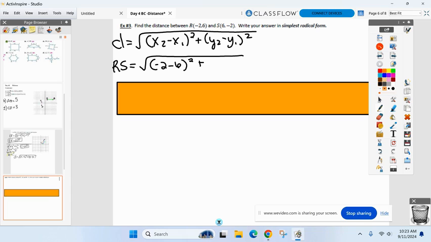Scotty, back to you. Where are you going with the y coordinates? 6 plus 2. Okay, you got to notice that, right? 6 plus 2, or you write 6 minus -2. All right, don't drop a sign. So 6 plus 2 all squared, or just do -2 minus 6 if you're worried about the signs.